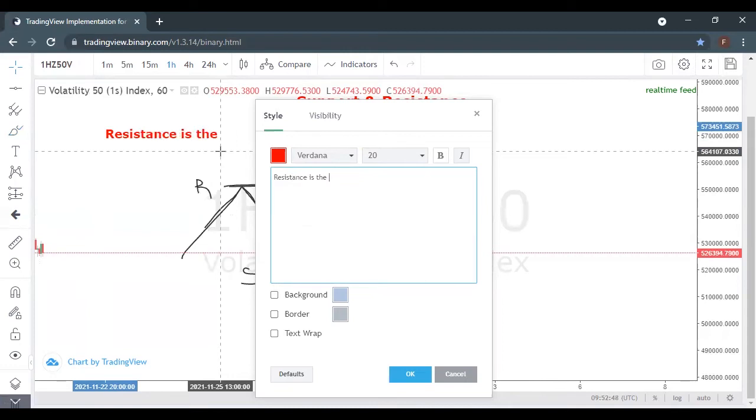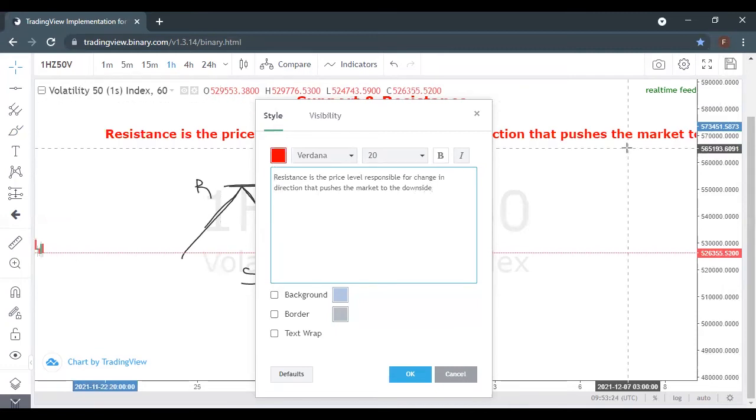Resistance is the price level that is responsible for change in direction that pushes the market to the downside. So this is resistance.